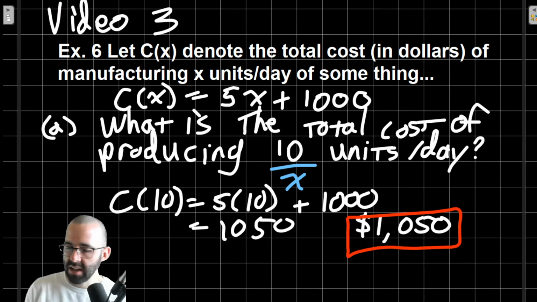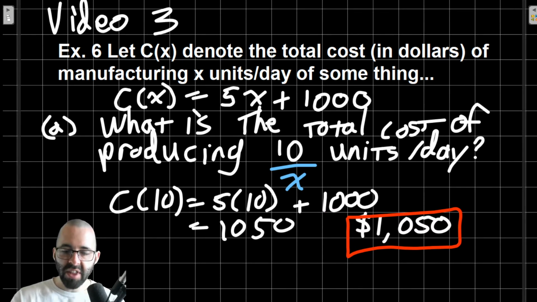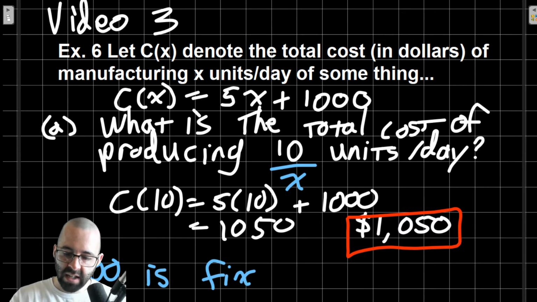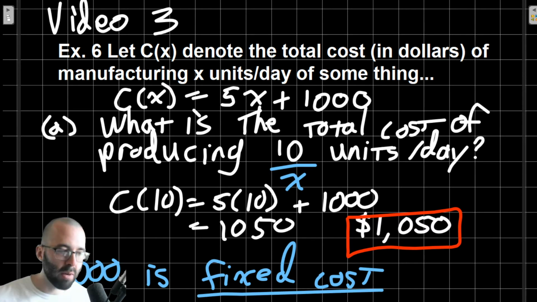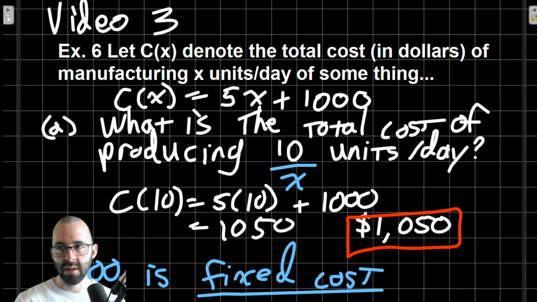And you'll notice something here. We have this 1,000 that's sitting here. This 1,000 is really big. This 1,000 is most of our final answer. This 1,000 is what's known as fixed cost. The 1,000 right here is the fixed cost, and this corresponds to business expenses that have nothing to do with how much you're producing.